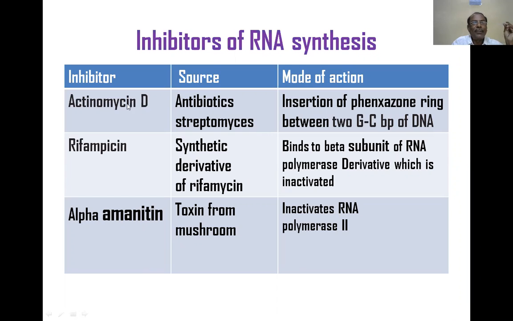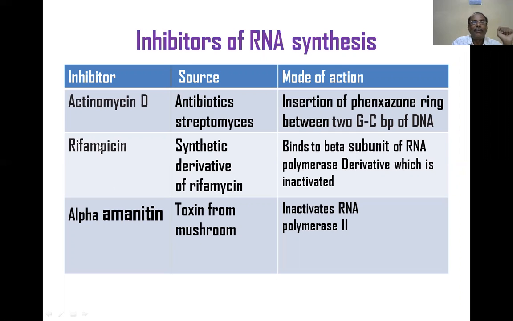Now, inhibitors of transcription. One is actinomycin D, an antibiotic whose source is Streptomyces. It inserts a phenoxazone ring between two GC base pairs of DNA and inhibits transcription. Another is rifampicin, a drug for TB, a semisynthetic derivative of rifamycin. It binds to the beta subunit of RNA polymerase, which is inactivated, so it will not allow the RNA polymerase of TB bacilli to act properly.